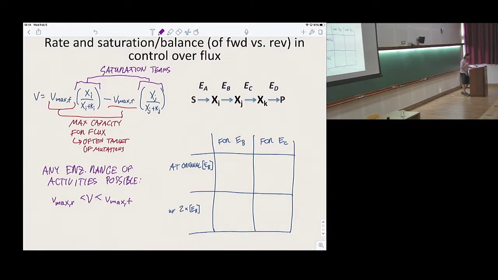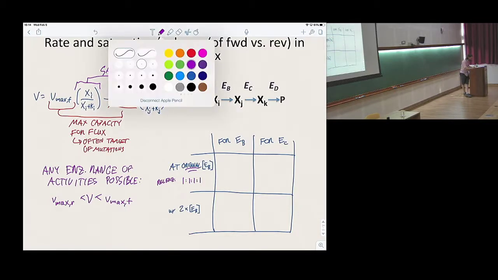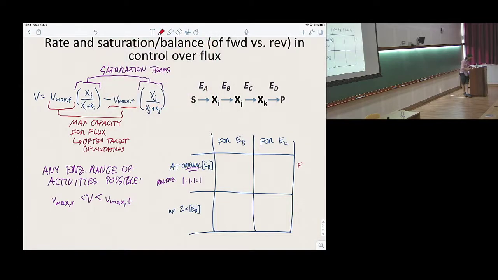And so if we think about the original system at the 1x level of EB, the relative enzyme levels were 1 to 1 to 1 to 1, just at the background levels, right? We knew that the flux, so let me see how do I want to write this. We'll have flux in red.